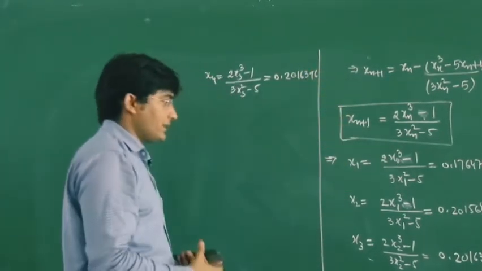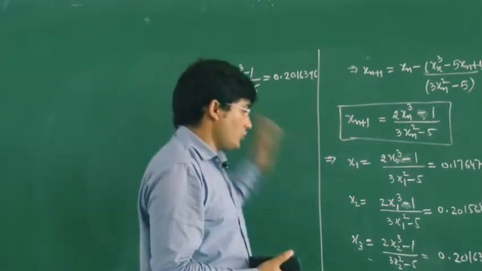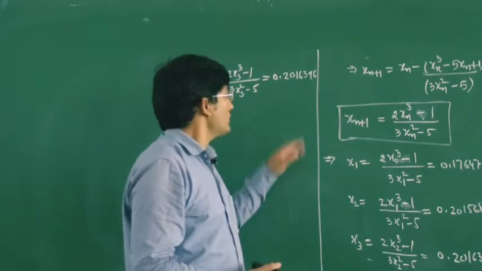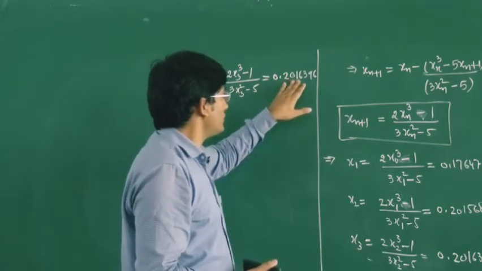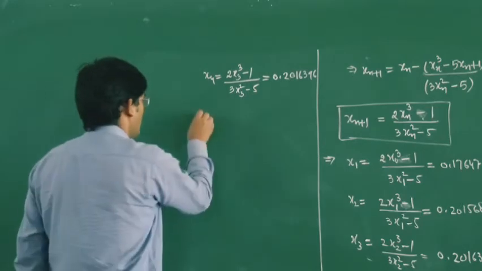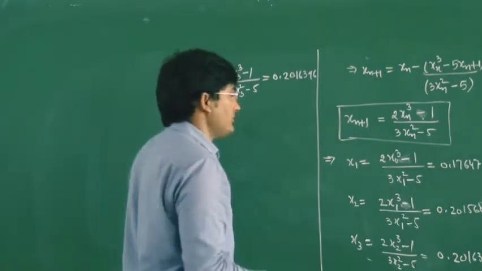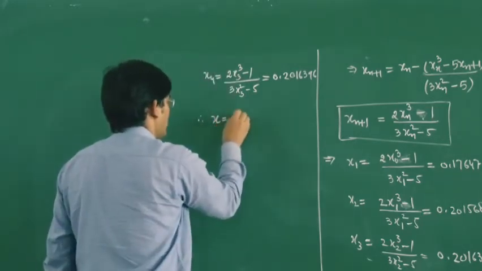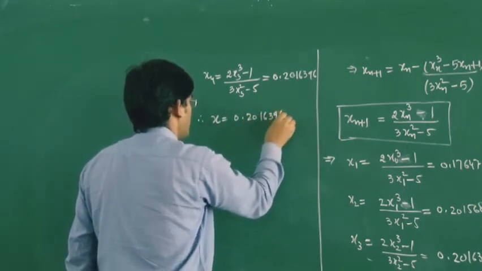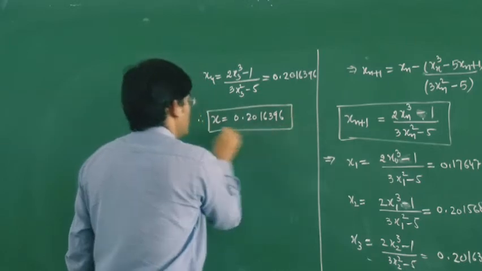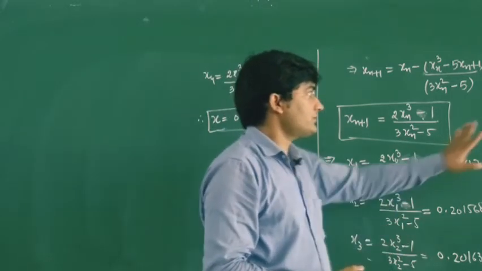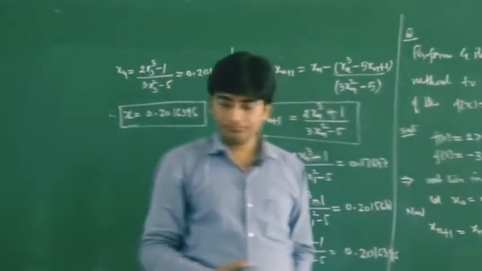So now you can see that our x4 and x3 are similar to each other. That means we can say that our root is correct up to 6 or 7 decimal places. Therefore, as we have to perform 4 iterations, our x is equal to 0.2016396. This is one root of this particular equation.